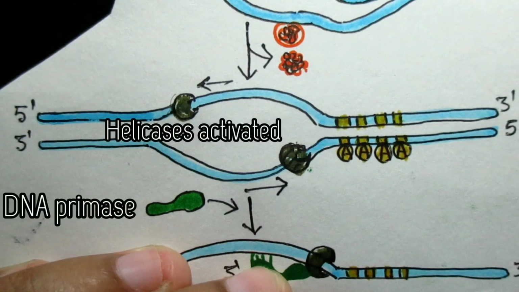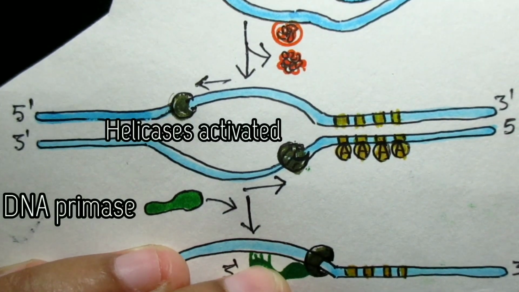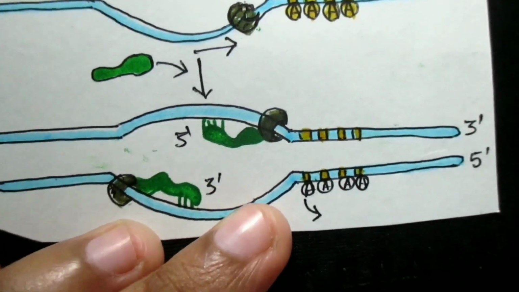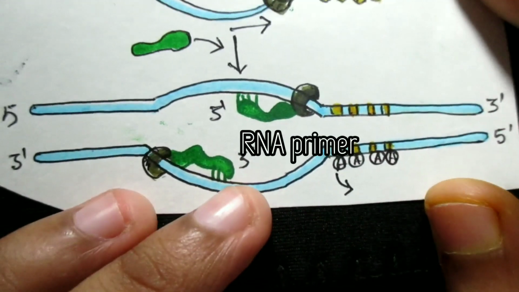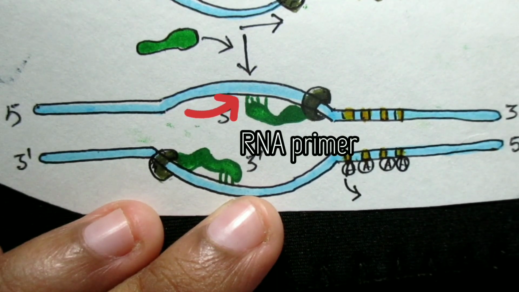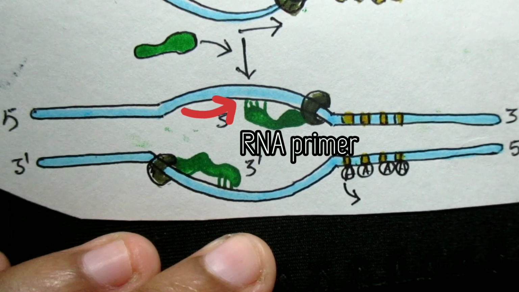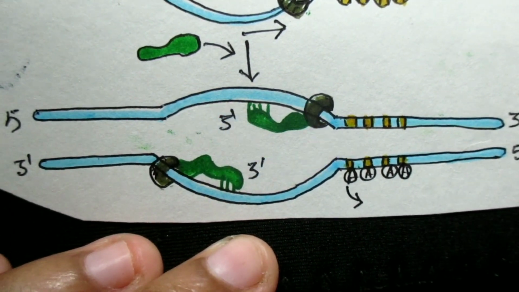It can add nucleotides only to a pre-existing strand. That is why primase, which is a modified RNA polymerase, synthesizes a short RNA primer of about 5 to 10 nucleotides, to which new nucleotides are added by DNA polymerase. This RNA primer will be removed later and replaced with DNA. At this point, bidirectional replication of DNA has begun.